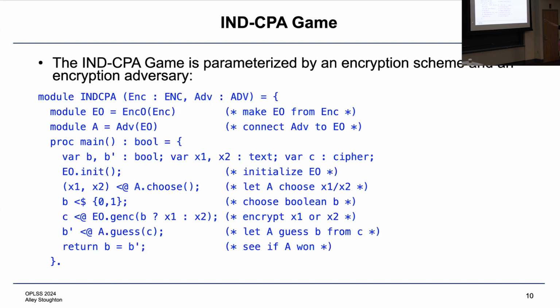The game then flips a coin. If B comes up true, then X1 is encrypted, otherwise X2 is encrypted using GENC, and then this ciphertext is given to the adversary.